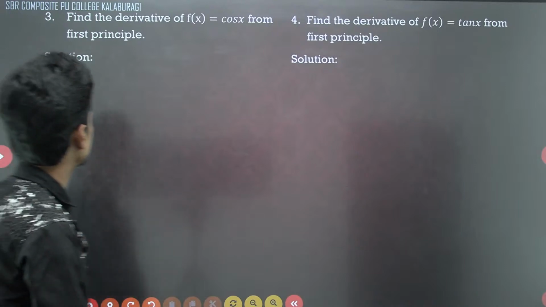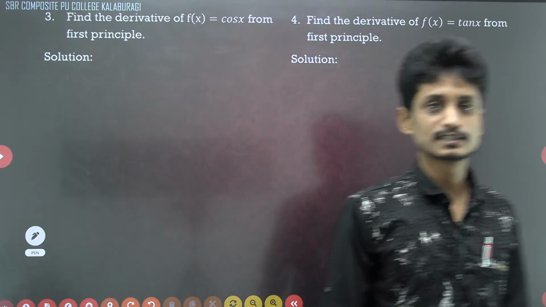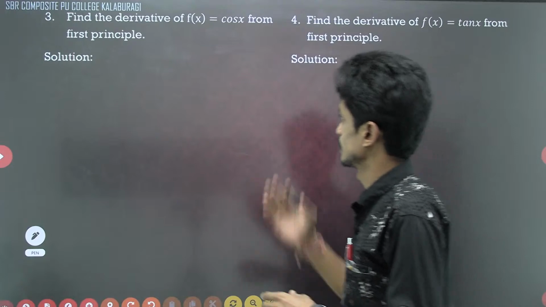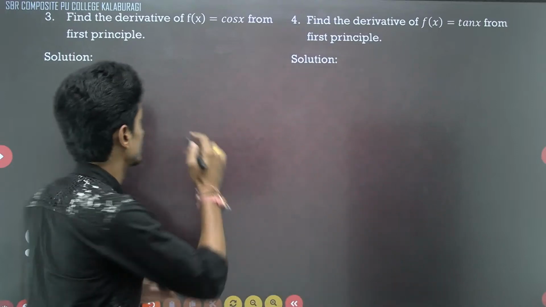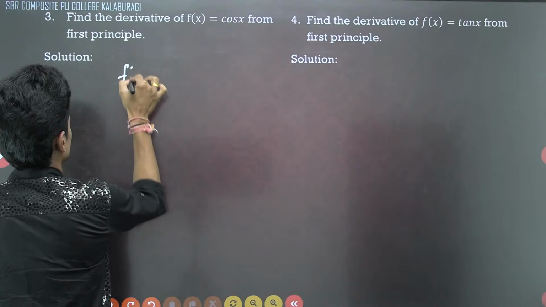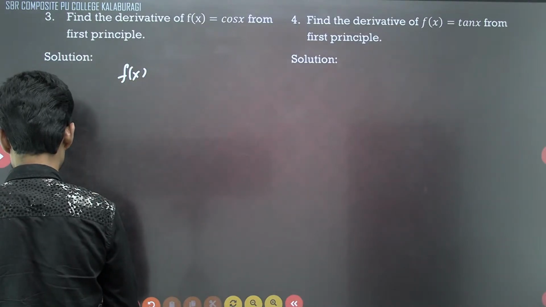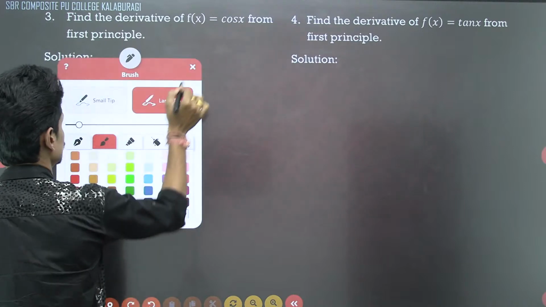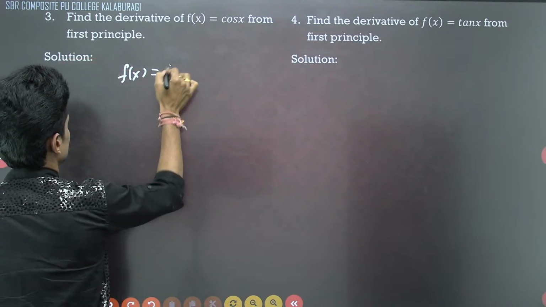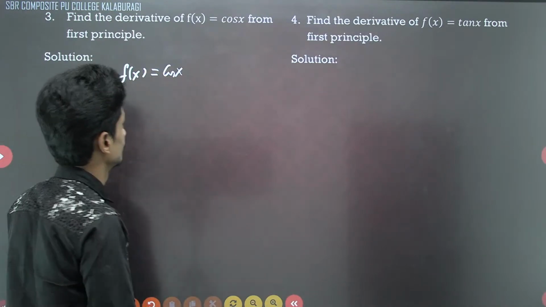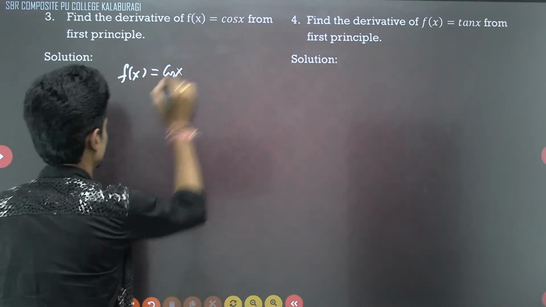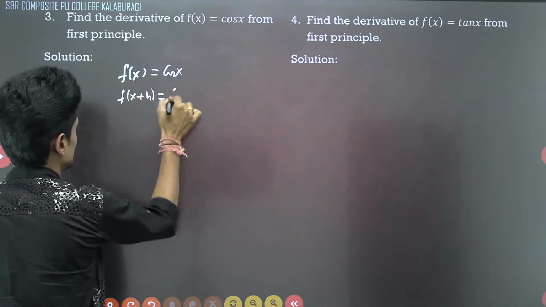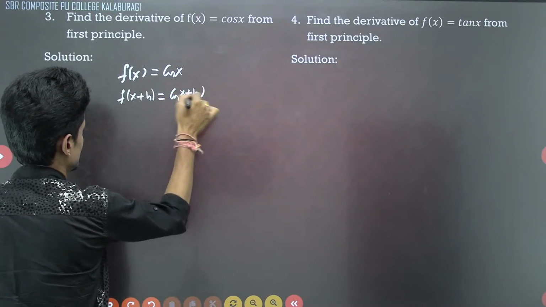The next question will be, find the derivative of f of x is equal to cos x. I hope you will try it at home, or otherwise I will solve all the questions here only. Look at this one. F of x is equal to cos x. Now f of x plus h is equal to, for substitution purpose, cos of (x plus h).